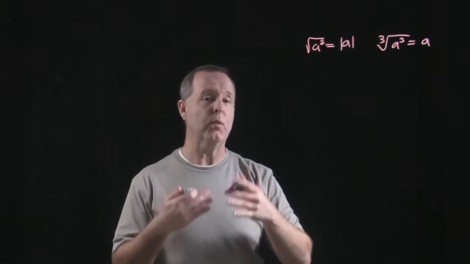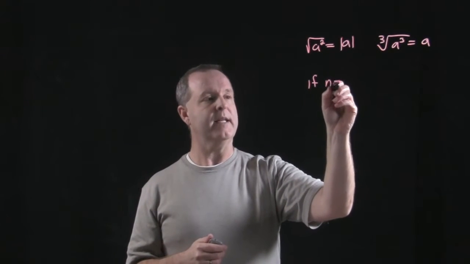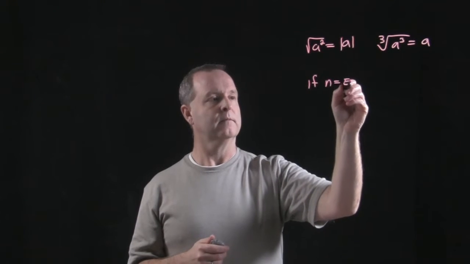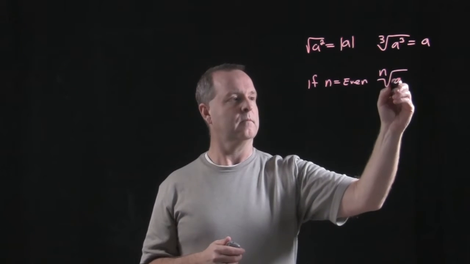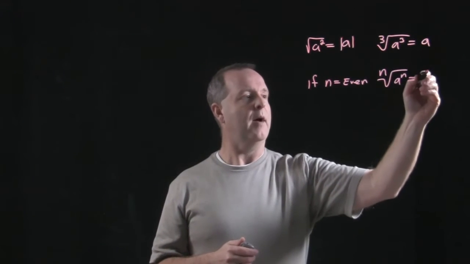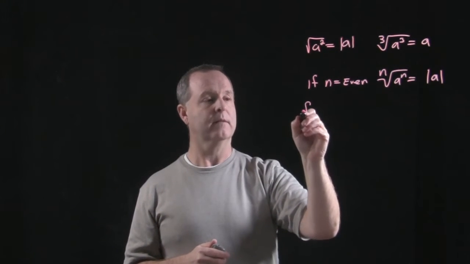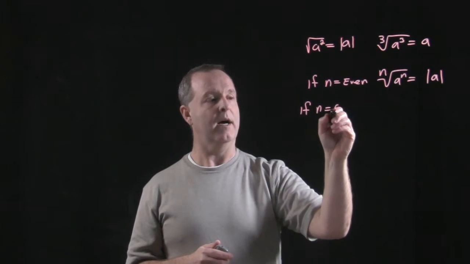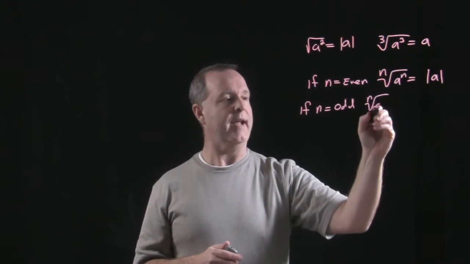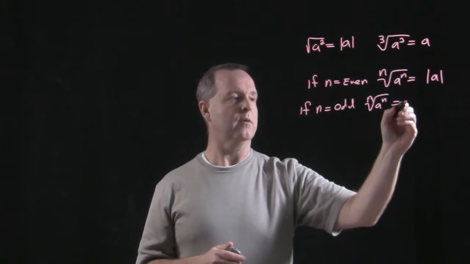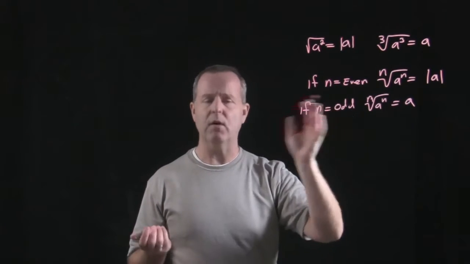So we can generalize this so that if n is even, I will have the absolute value of A. If, however, n is odd, then the nth root of A to the nth will just equal A.